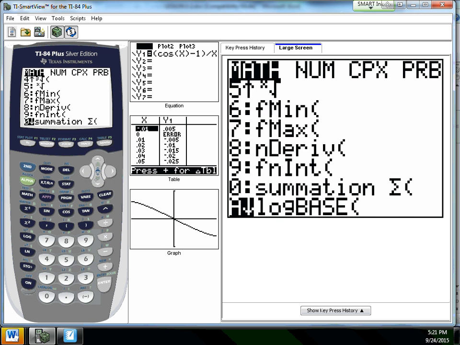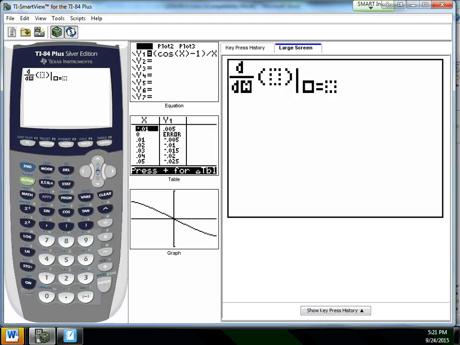And there it is, number 8, nDeriv. So I hit number 8. And you can see it's set up in that form. The notes on your worksheet show the old notation. This is the newer notation.